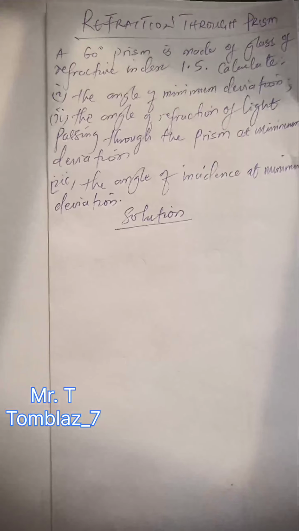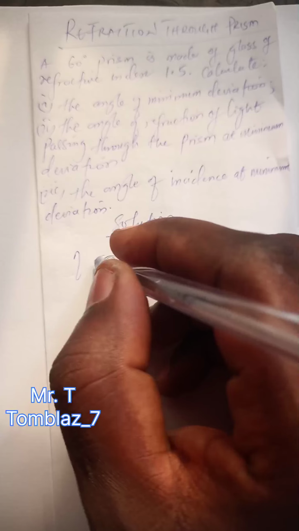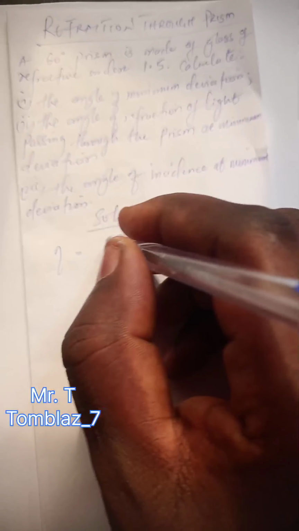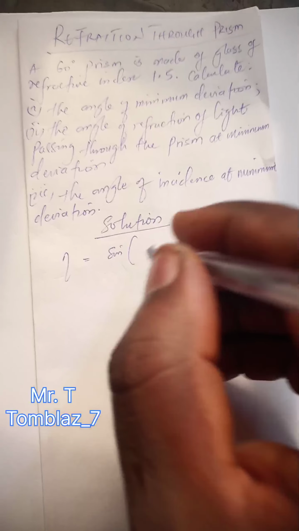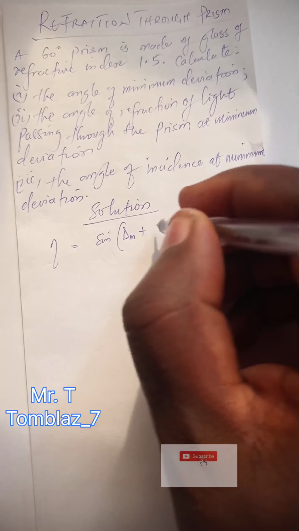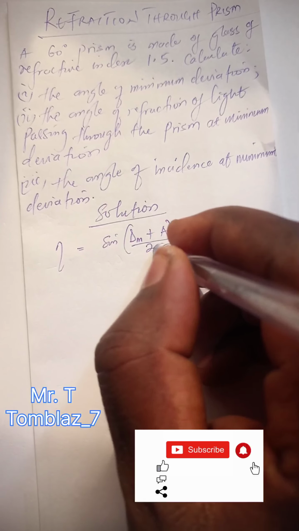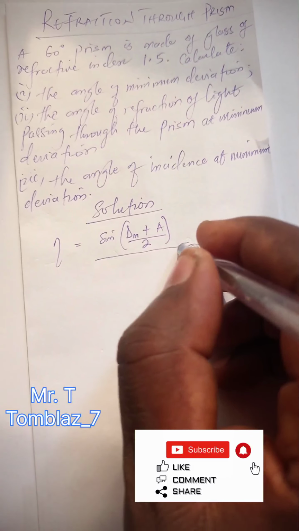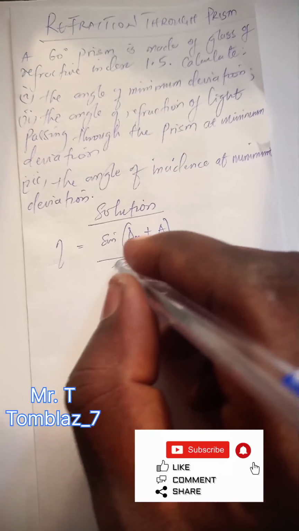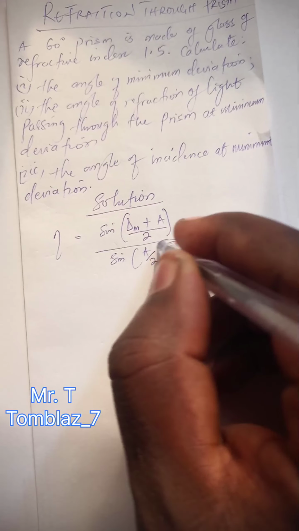To calculate the angle of minimum deviation, we use this formula. Refractive index is equal to sine of the angle of minimum deviation plus the refracting angle, divided by 2, divided by again sine of the refracting angle divided by 2.